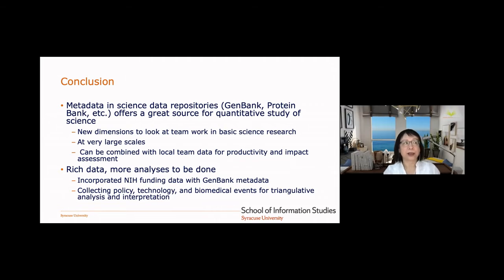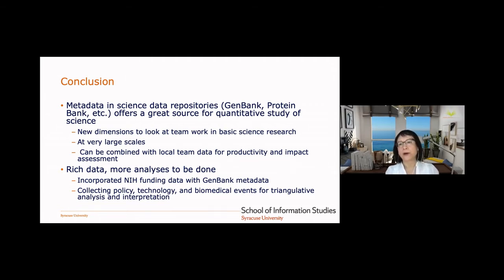It offers us new dimensions to look at teamwork in basic science research at a very large scale, and can be combined with local team data for productivity and impact assessment. And it is rich data, and more analysis needs to be done.